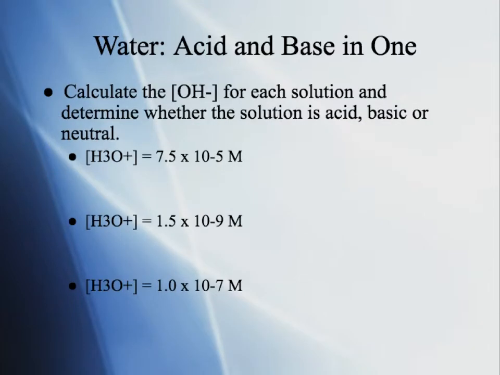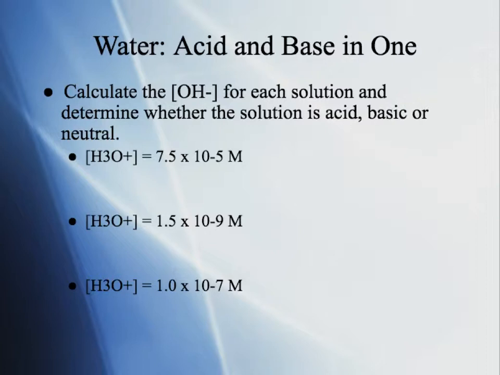Sometimes we need to figure out the hydroxide ion concentration for a solution if we know the hydronium ion concentration for a solution. From that we can figure out if it's an acid, base, or neutral substance. So here we're going to calculate the hydroxide ion concentration for each of the solutions to figure out what type of solution it is.